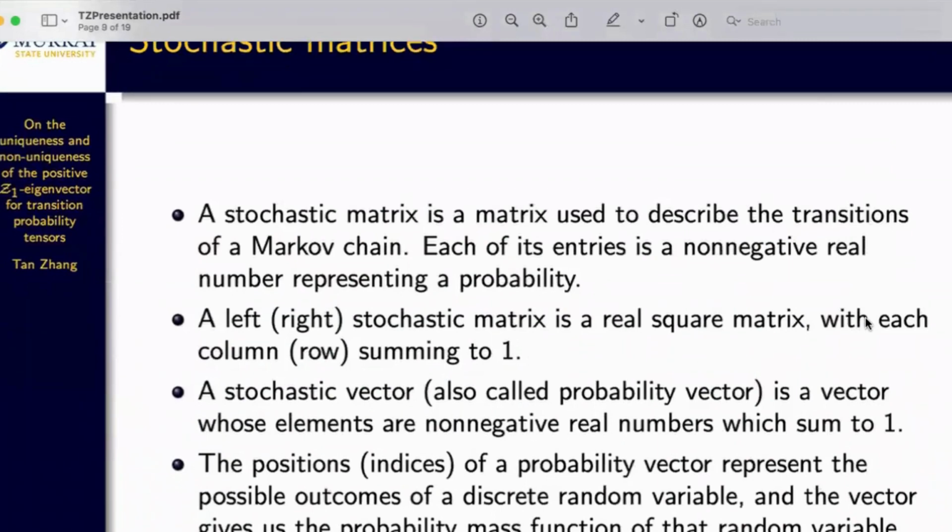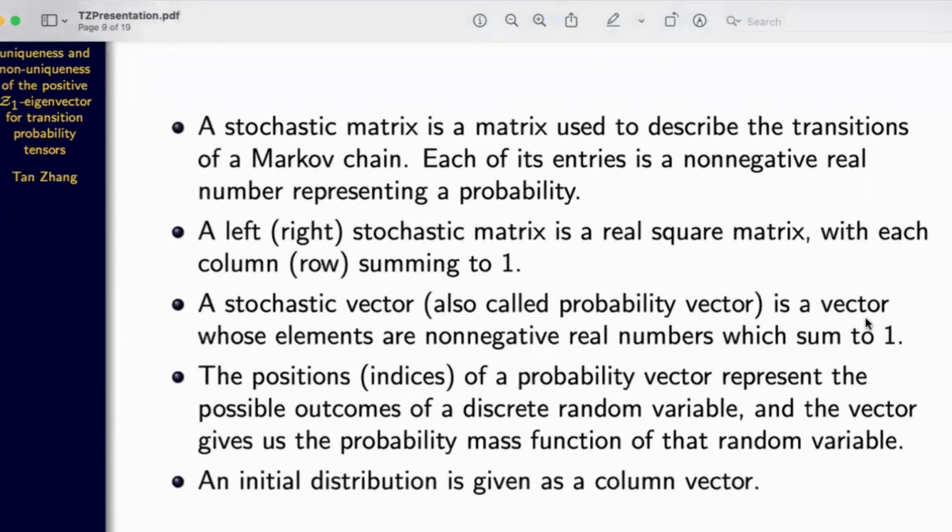Stochastic matrices. A stochastic matrix is a matrix used to describe the transitions of a Markov chain. Each of its entries is non-negative, representing a probability. A left, or sometimes people prefer to use right, stochastic matrix is a real square matrix whose every column or row, accordingly, sums to 1.